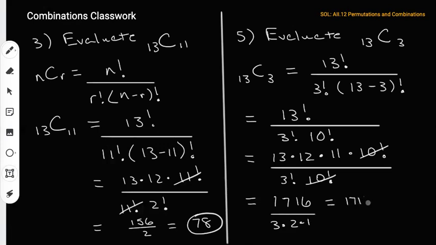I know that that's going to be 6. So if I divide this number by 6, I'm going to get 286. All right, let's do 7.